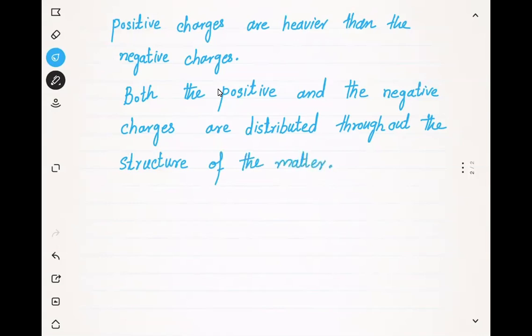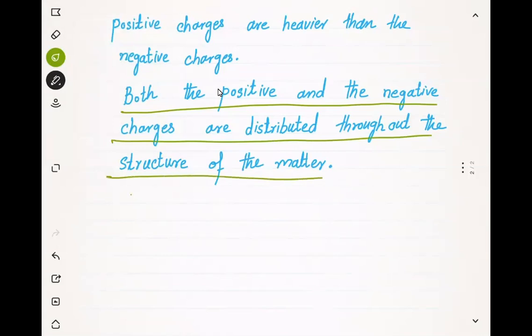Both the positive charges and the negative charges are distributed throughout the structure of the matter. This was basically the plum pudding model.